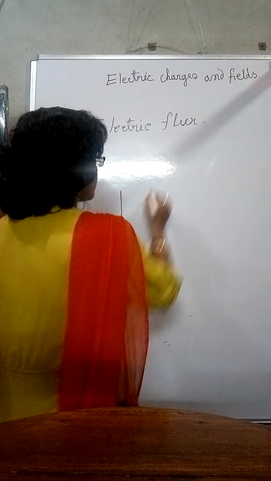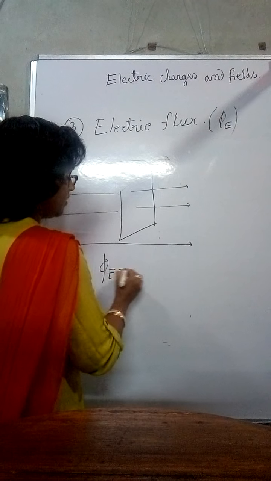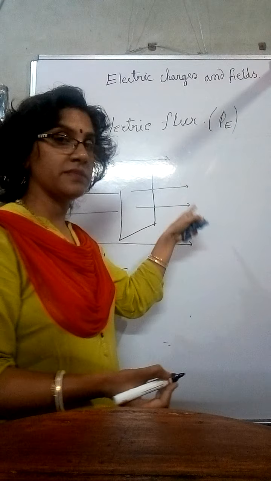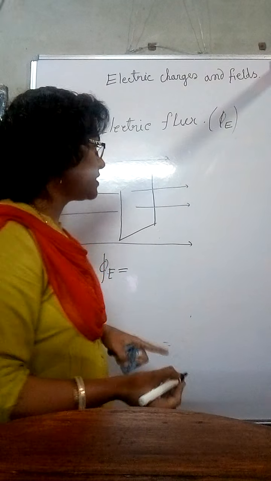The electric flux symbol is phi E. Now from there you can say what the electric flux is. There will be the surface S. The electric lines of force, 2, are passing through the surface, so the electric flux for that one will be 2.